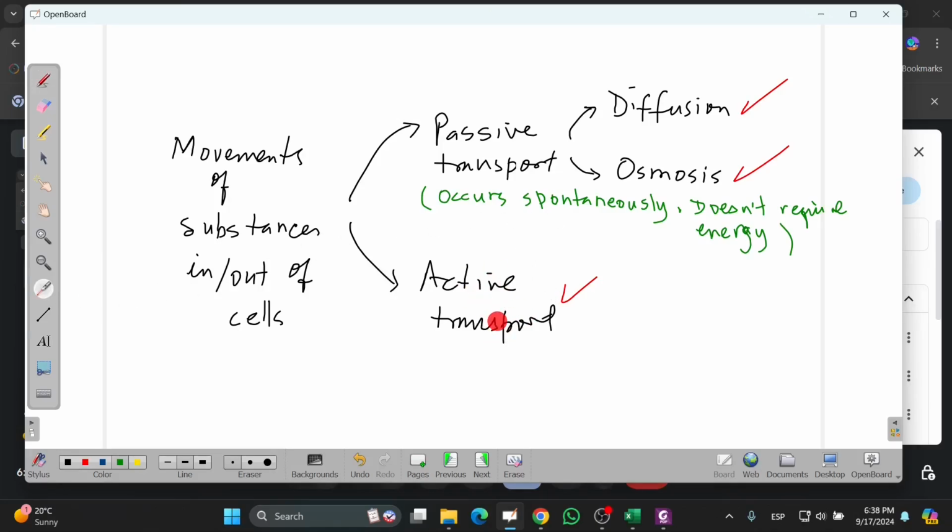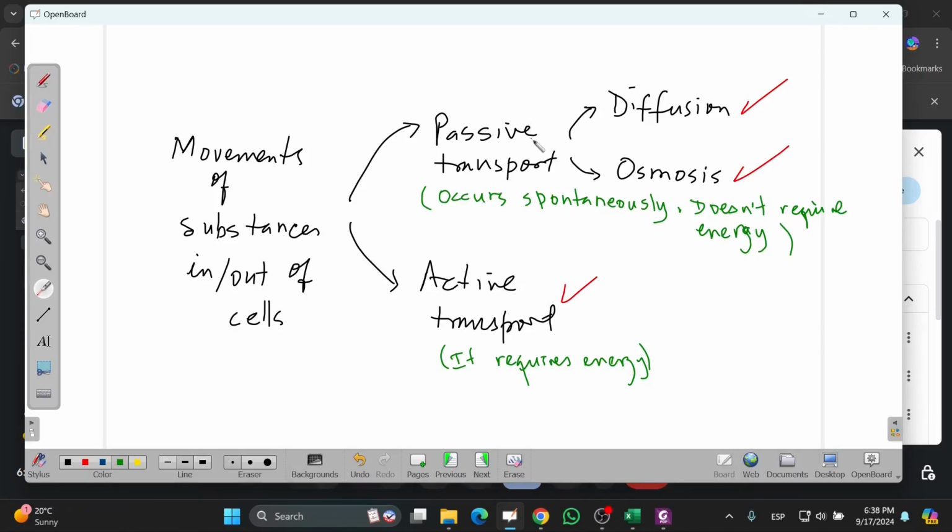However, this one, active, means that it requires energy. Why is it that this one does not require energy and happens spontaneously, and this one, however, does require energy and needs a push?